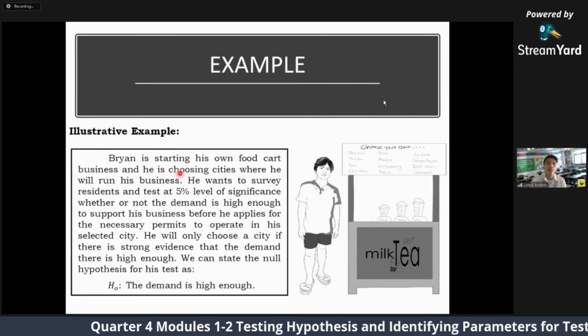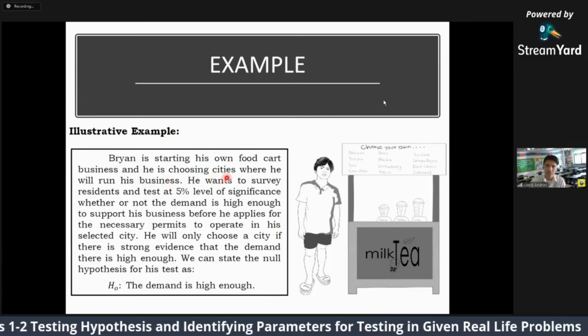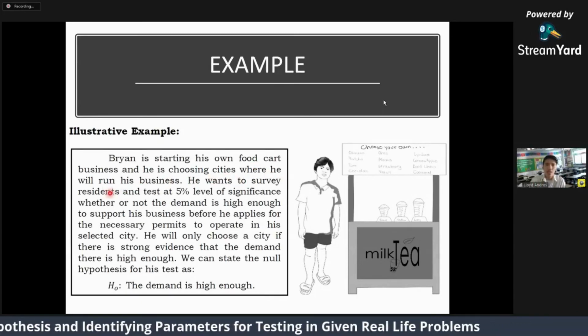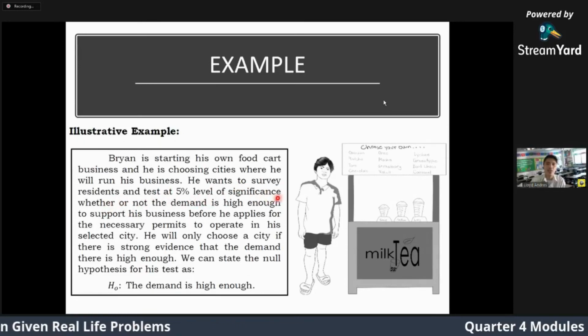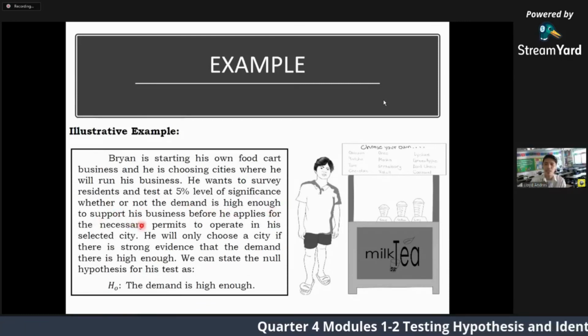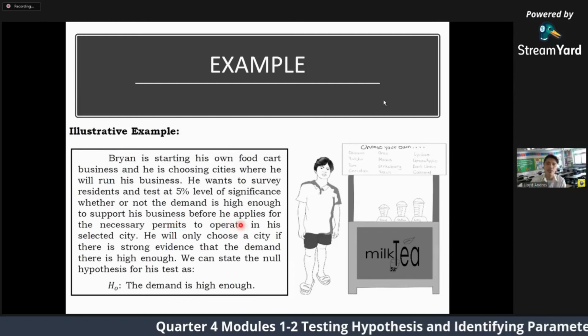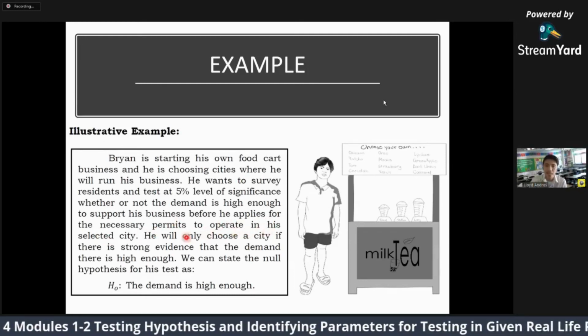Brian is starting his own food cart business and he is choosing cities where he will run his business. He wants to survey residents and test at 5% level of significance whether or not the demand is high enough to support his business before he applies for the necessary permits to operate in his selected city.